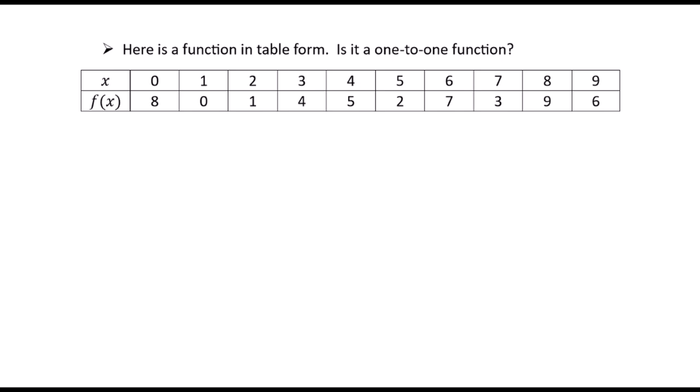Is it a one-to-one function? We can see that every y is unique. We don't have repeats in any of our output values, and so this is a one-to-one function. You will not have different x's with the same y.